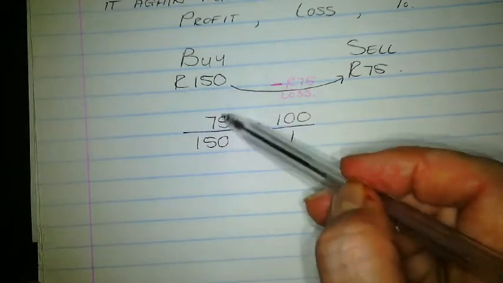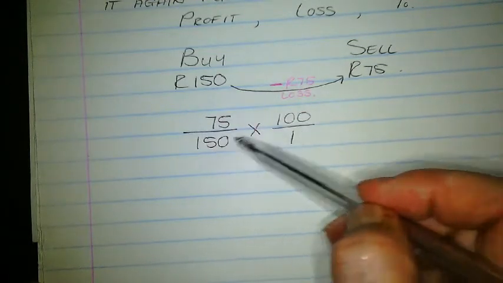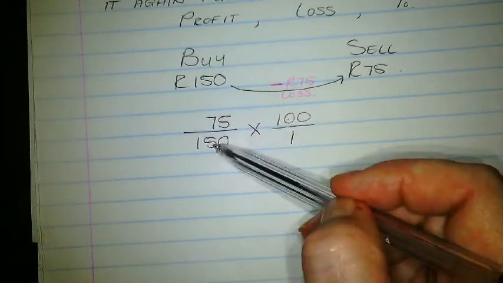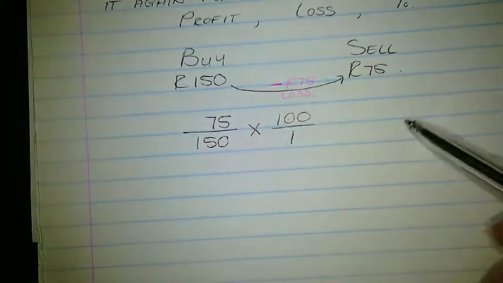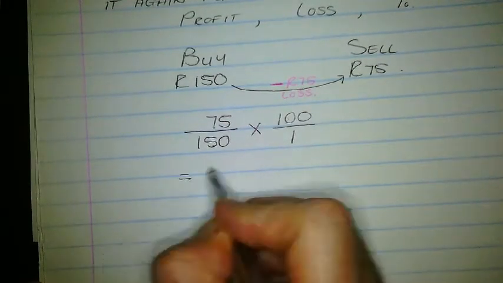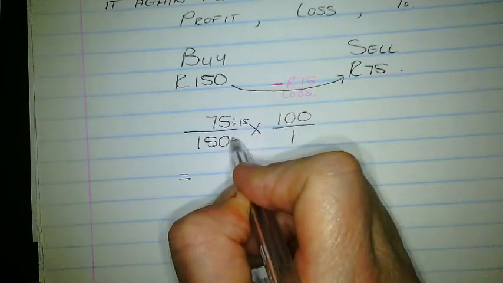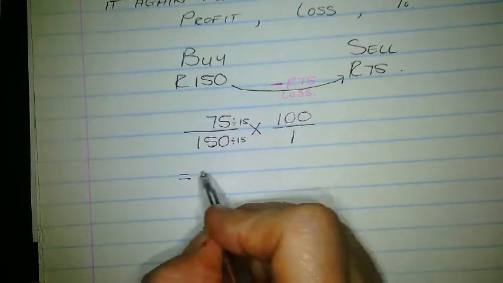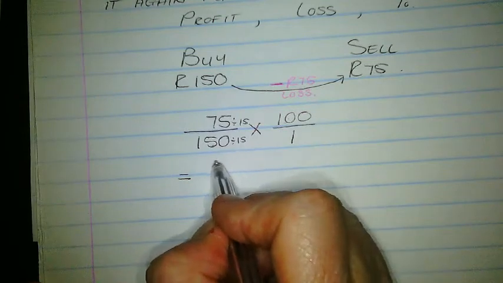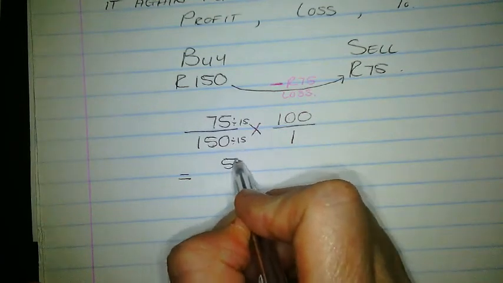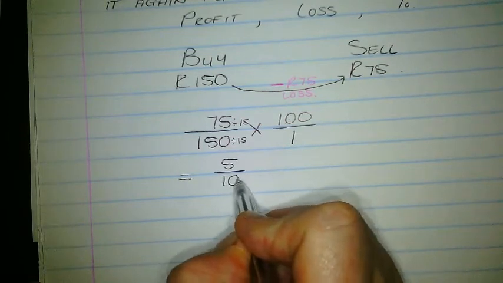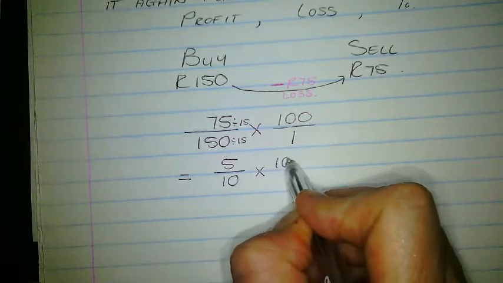Now I can simplify this one again, or I can cancel out here, or I can just multiply and then simplify. So let's just make it quick. Just say divide by 15, divide by 15, and that's going to be 5 over 10 multiplied by 100 over 1.